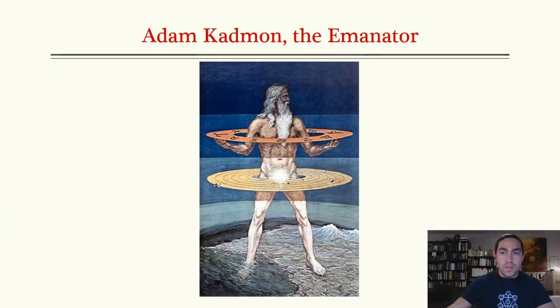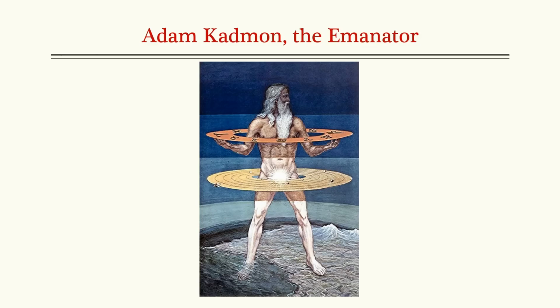So the Sephiroth that we saw circular, together in a circle, in one vessel, form Adam Kadmon, who is the sole conduit and filter through which energy flows from the infinite into the finite worlds that are destined to be created in the midst of the void. Adam Kadmon, the Emanator, is therefore the link between the infinite and the finite worlds.